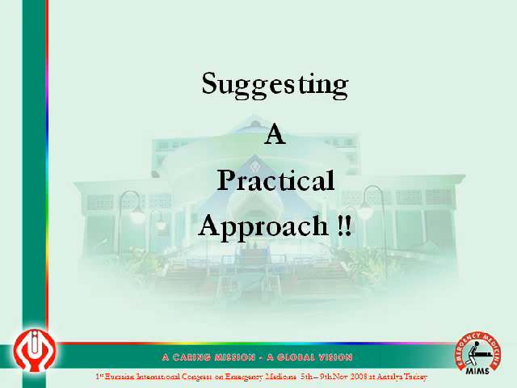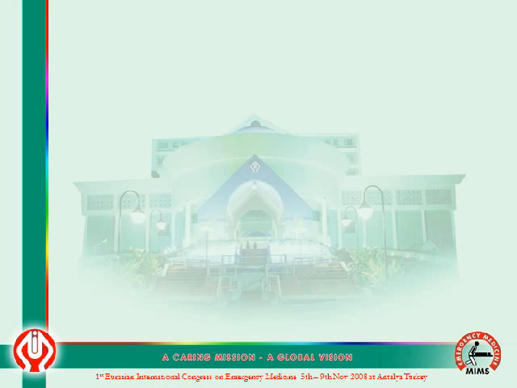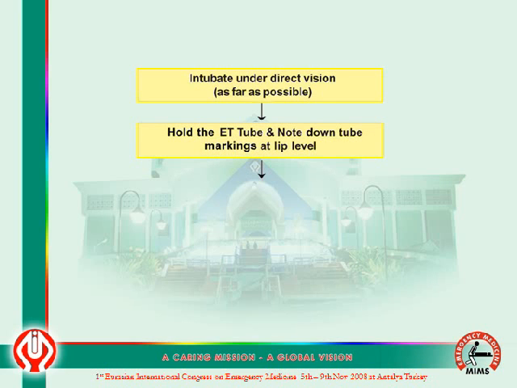To address this, I suggest a practical approach and an algorithm to confirm the position. Whenever you intubate, try to intubate as far as possible under vision. After intubation, hold the tube and note down the tube marking at lip level.